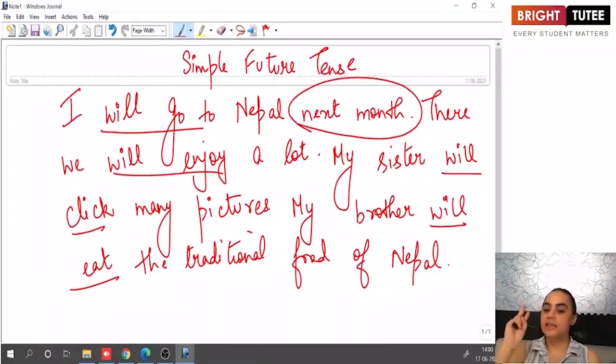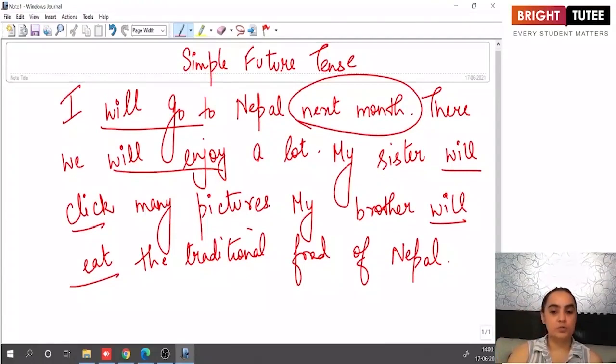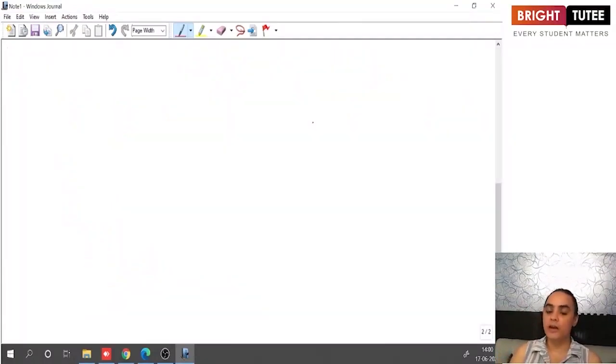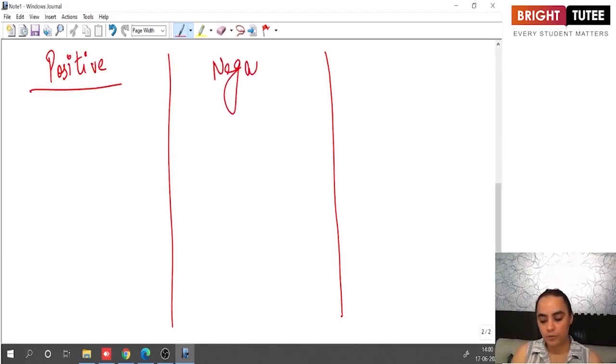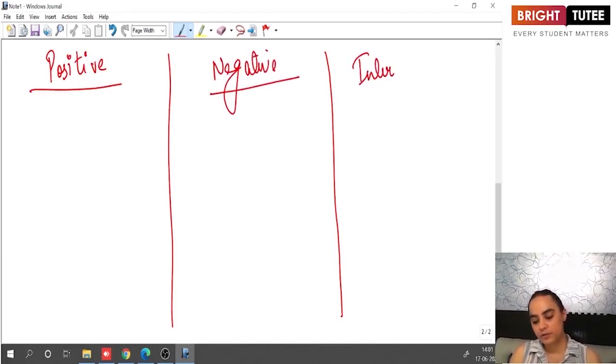Alright? There are, my dear students, 2 ways of writing a sentence in the simple future tense. The first one, as I have discussed with you, is when we use will plus the root form or the first form of the verb. Let us discuss the different structure of this first type.